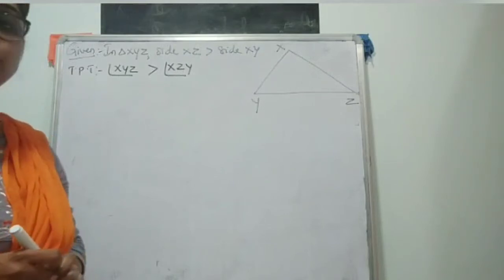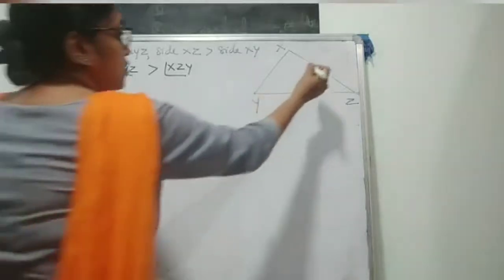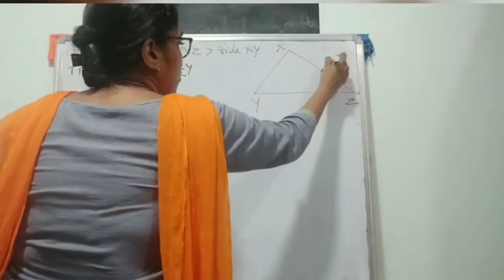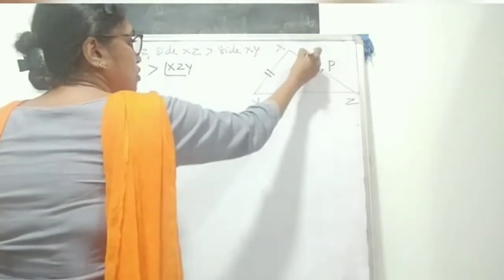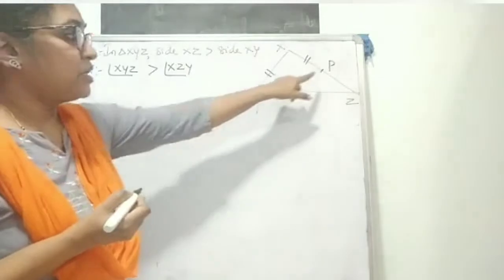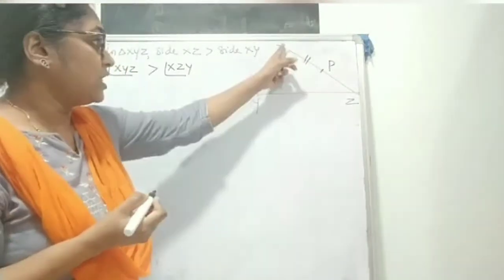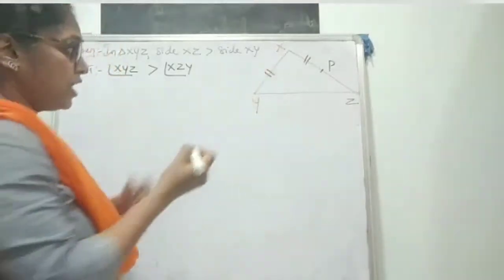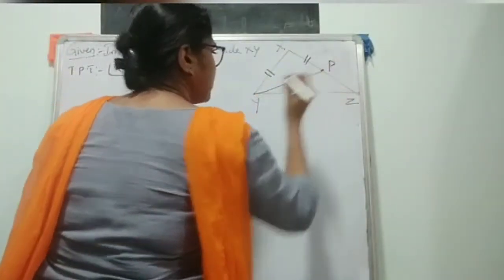For proving this, we need to do some construction. I need to take a point P on the bigger side such that it becomes equal to the smaller side. The smaller side was XY, so I am taking a point P on the bigger side in such a way that XP becomes equal to XY, and then join YP.